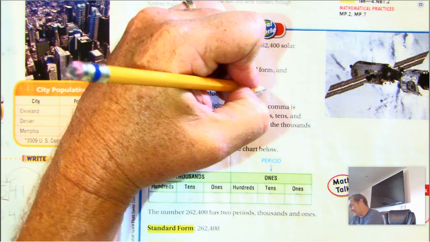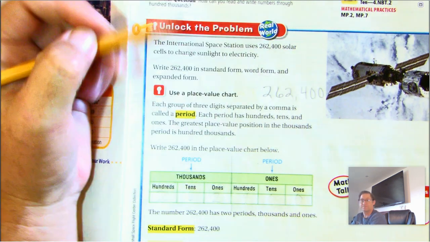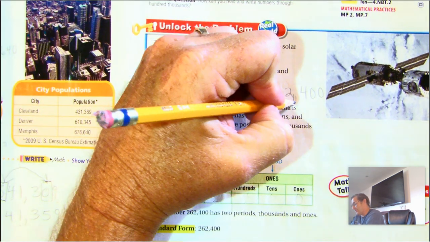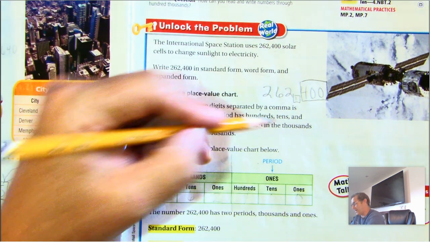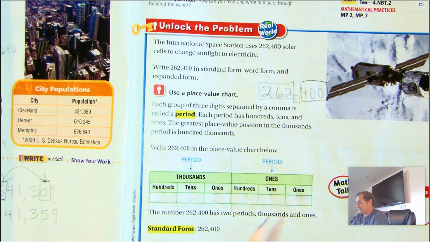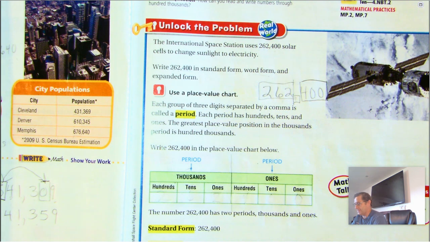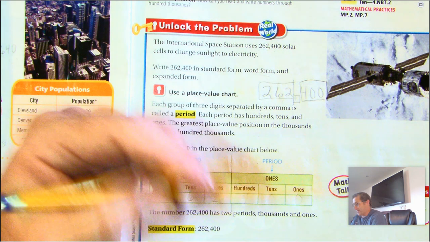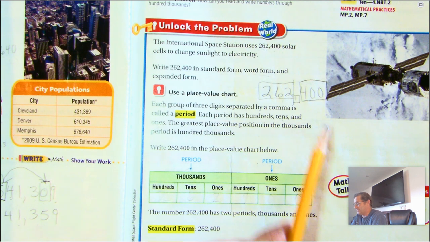When we look at this number that we started with, I see my comma here, and there's a block of 3 numbers and another block of 3 numbers. So every group of 3 numbers separated by a comma, we call those periods. And each period has hundreds, tens, and ones.